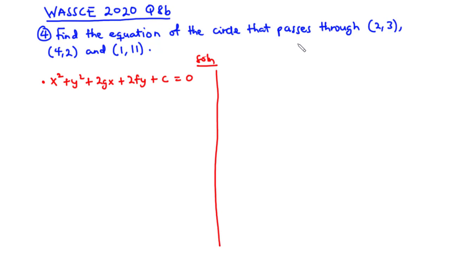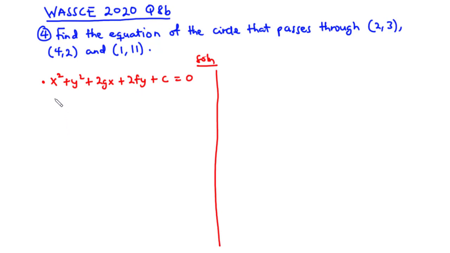Now since we have the circle passing through 3 points, we are going to substitute the values of x and y for each point into this general equation. And so because we have 3 points, we are going to have 3 equations, and then we are going to solve all these 3 equations simultaneously to find the values of g, f, and c. So let's do that together.